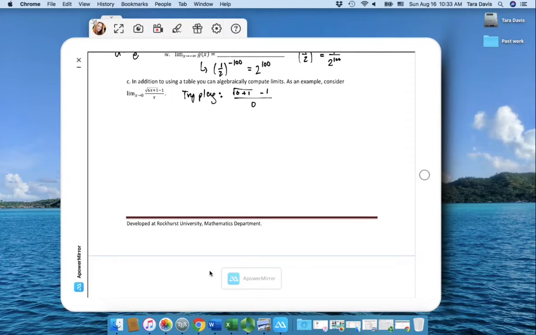Already, it's undefined because 0 is in the denominator, and even worse, if you simplify, we get 0 over 0. Okay, so this is undefined. When it's like that, that means that you need to simplify first and then plug in again.